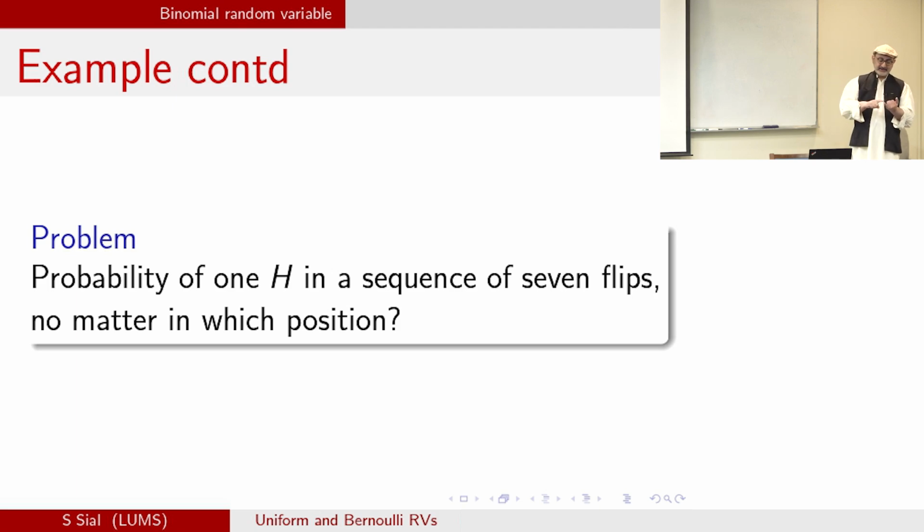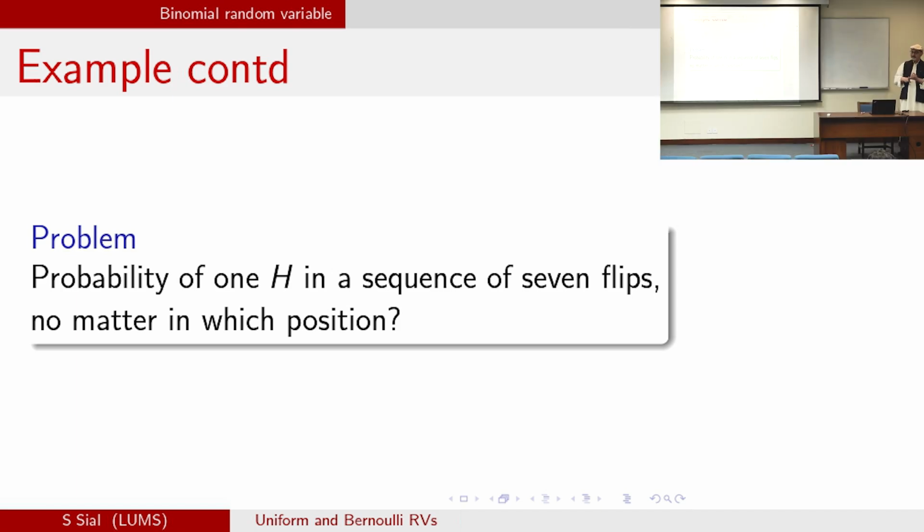It's the probability of getting that H in the first slot plus the probability of getting the H in the second slot, and so on, minus some intersections, but the intersections of those events are empty. It can't be in the first slot and in the third slot, right? So we have to add up all the probabilities. So there were 7 choose 1 ways of doing it, and the probability of each one was what?